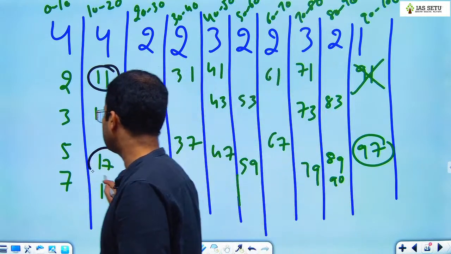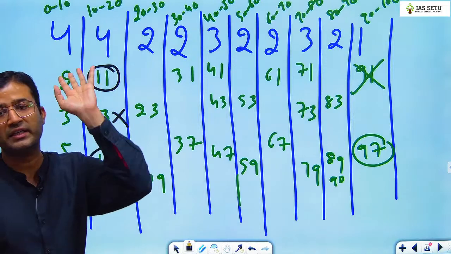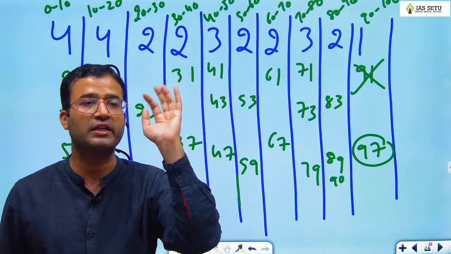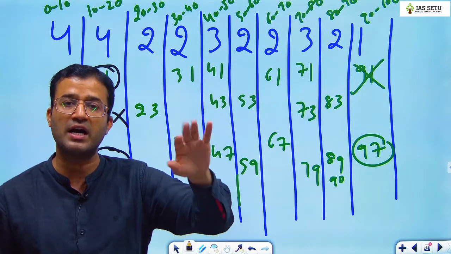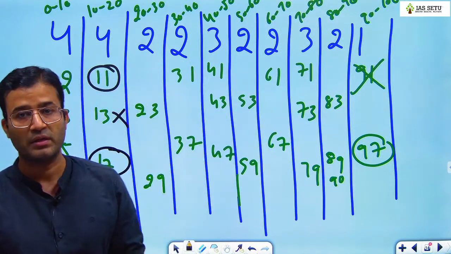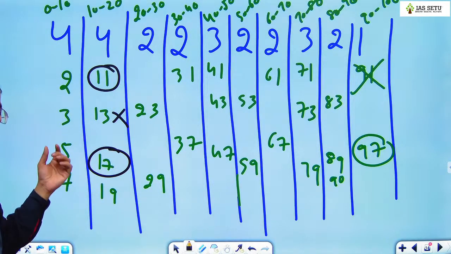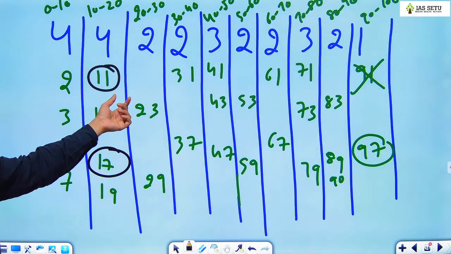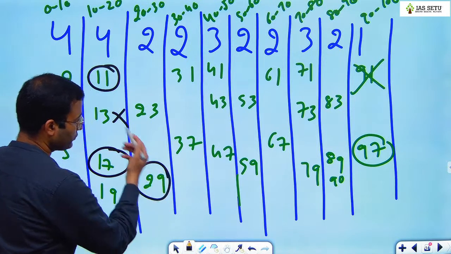Next, 17, yes, 17 satisfies all three statements. 17 is a 2-digit number, 17 itself is a prime number, adding 2 to 17 gives 19, and 19 is also a prime number. But 19 is not satisfying statement number 3. 19 is prime, but 19 plus 2 is not a prime number. Some students miss 29.